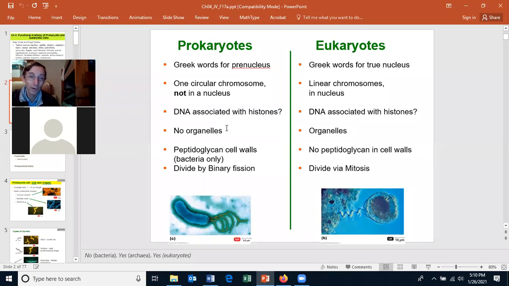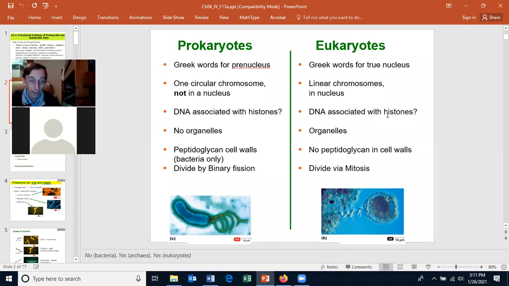So you only need to know that the DNA of bacteria do not have histones. The DNA of eukaryotes is associated with histones. And if you don't know what histones are, it's just a protein that the DNA wraps around in the chromosome of eukaryotic cells.